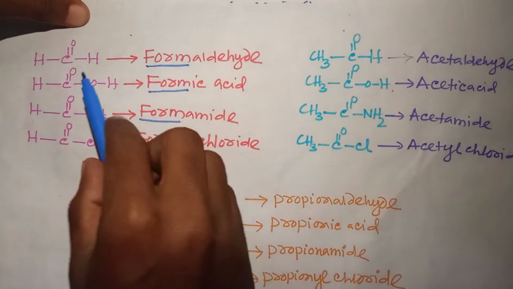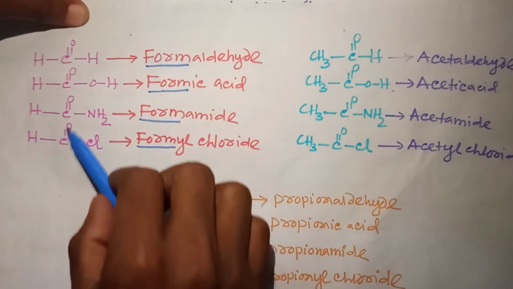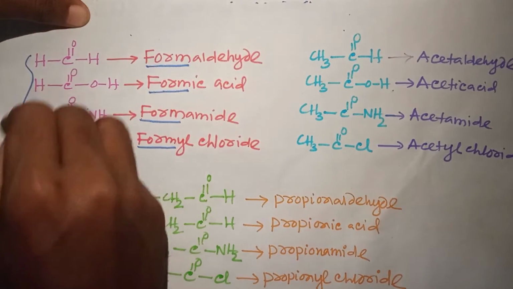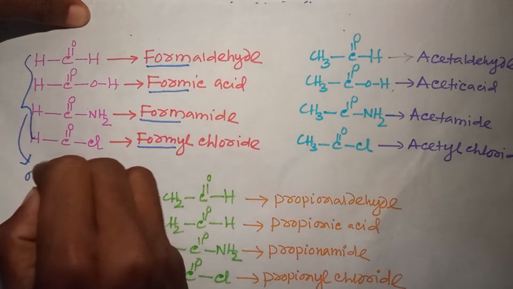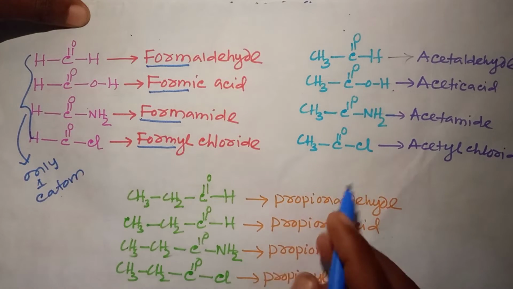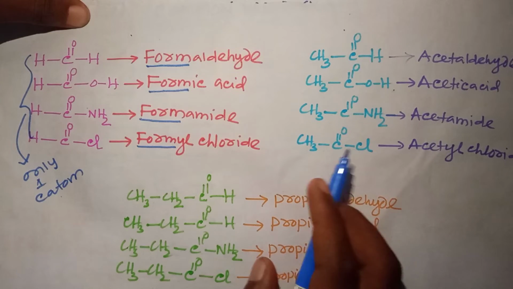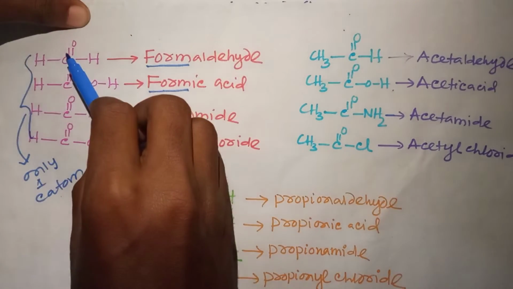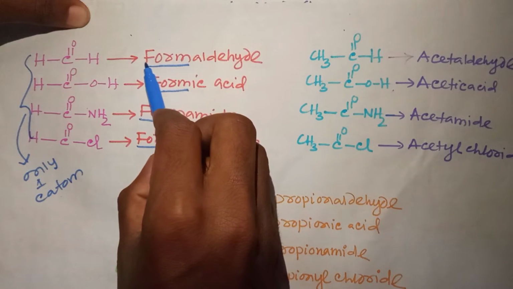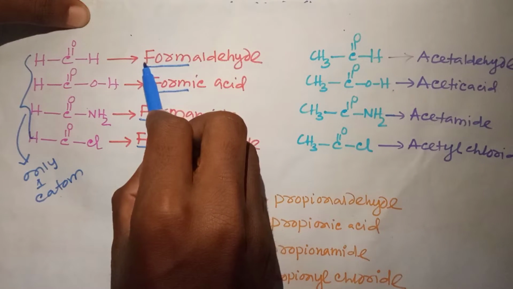And one thing we have to note is that all of these organic compounds contain only one carbon atom. So whenever you see an organic compound containing one carbon atom, the word form is used for their common name.